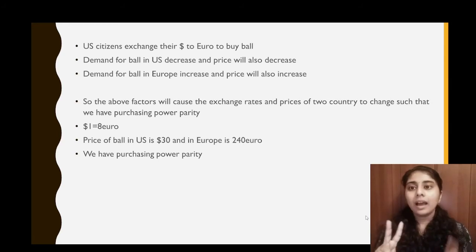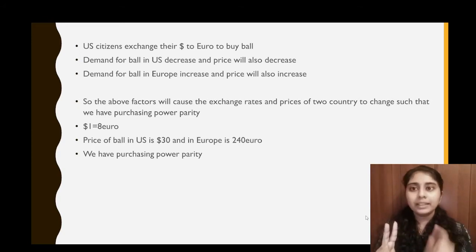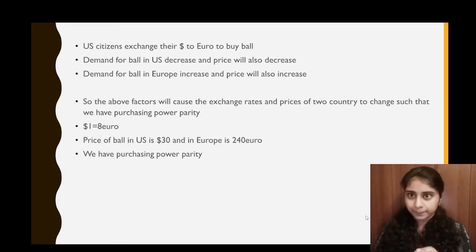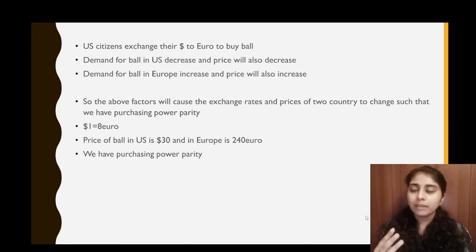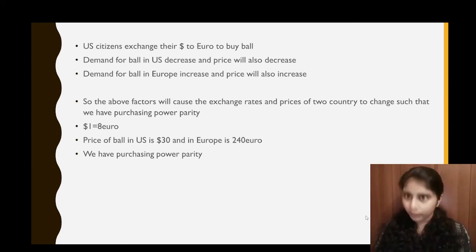Second is that as people know that it is profitable to buy balls from Europe, the demand for the ball produced in America will decrease, by which the price of the balls in America will also decrease. Third scenario is that when everybody goes and buys that football from Europe, obviously the demand for European balls increases, and when demand increases, price also increases.